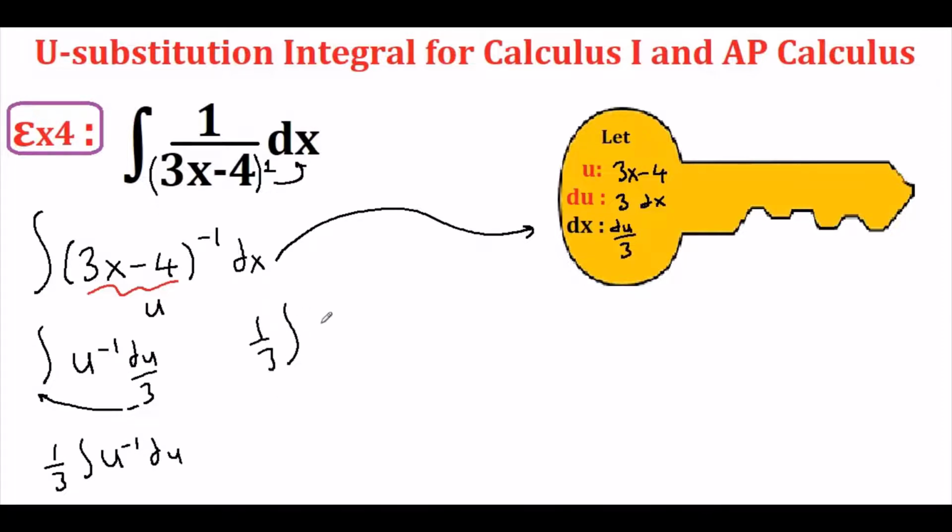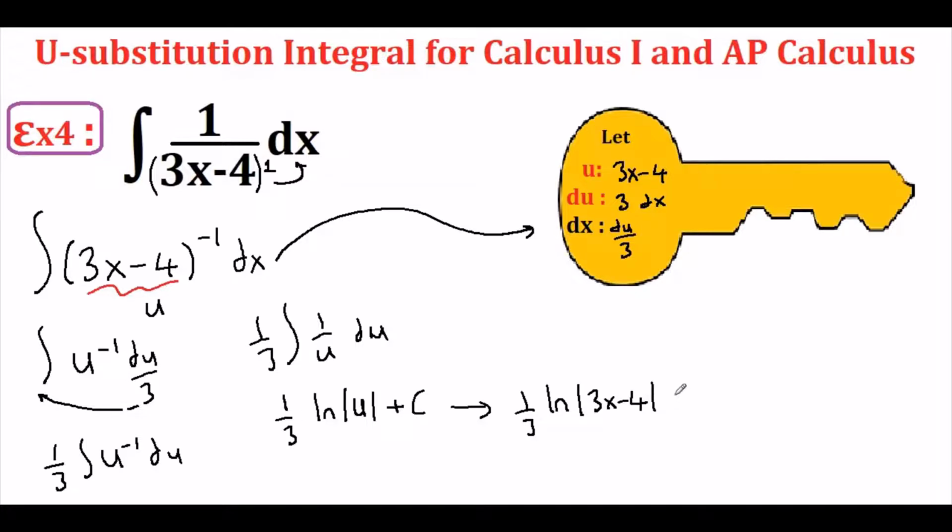Integral of 1 over u du. Antiderivative of 1 over u is ln of u. You need to use the absolute value sign because ln has to be positive. Plus c. You need to bring u back, so 1/3 ln of 3x minus 4 plus c.